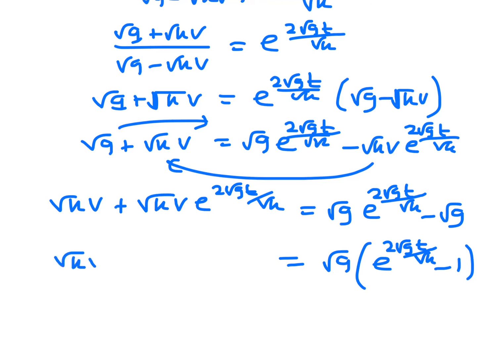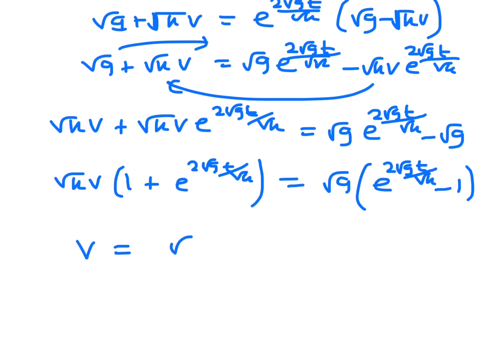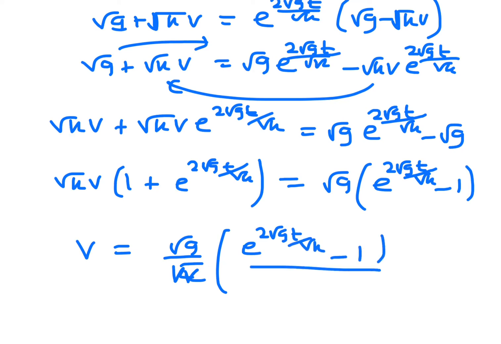And the root kv can come out, 1 plus e to the 2 root g t on root k. So v equals root g on root k times e to the 2 root g t on root k minus 1 on e to the 2 root g t on root k plus 1.